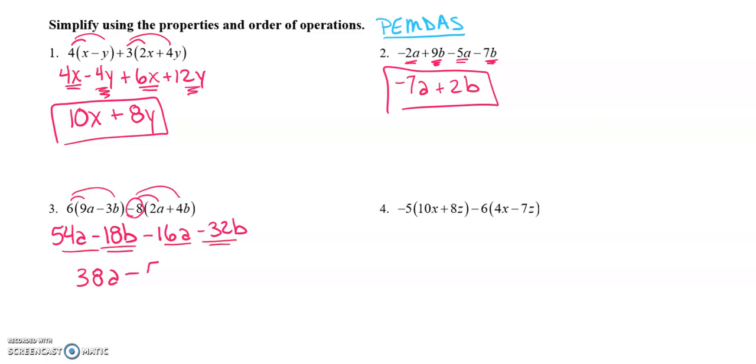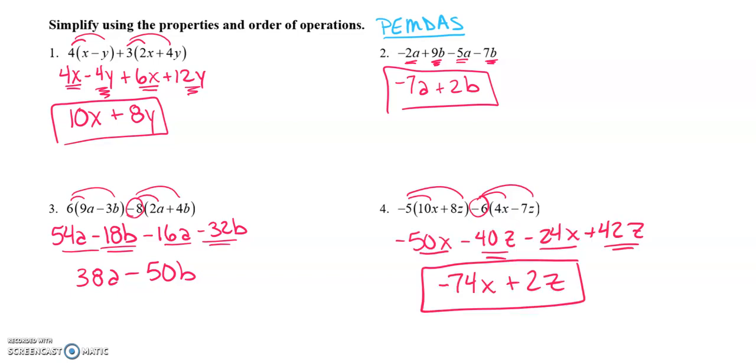Those are both negative, minus 50b. And then the last one, distribute. Careful, distribute that negative 6 and let me know what you get. Hopefully after you distributed and cleaned it up, be careful distributing that negative 6, you get negative 74x plus 2z.